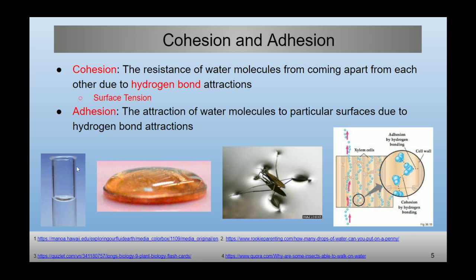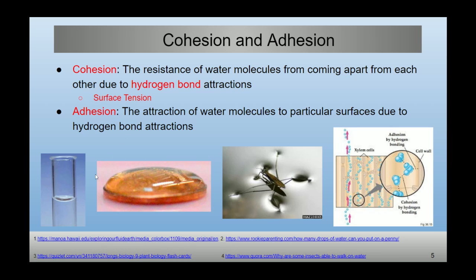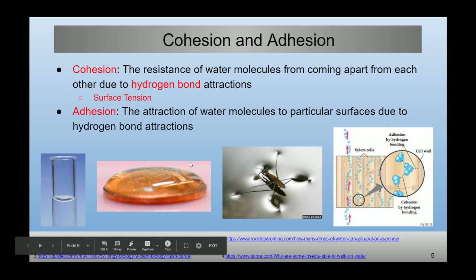The first example is a glass tube with water in it. You can see this curved shape, called the meniscus. The reason we get that, with the water starting to climb up the walls of the glass, is this adhesive property. The water wants to adhere, or stick, to the glass surface.